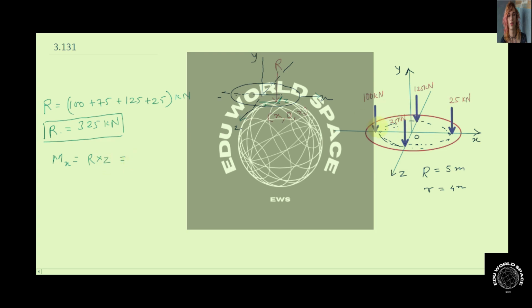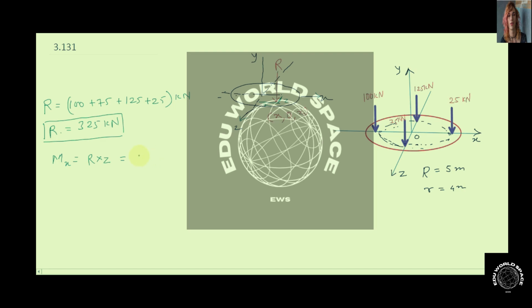Now if we talk about the equivalent force system, along the x-axis, if I am calculating moment, the moment because of this 25 kilonewton and 100 kilonewton is going to be 0, because these two are on the axis about which we are calculating the moment.